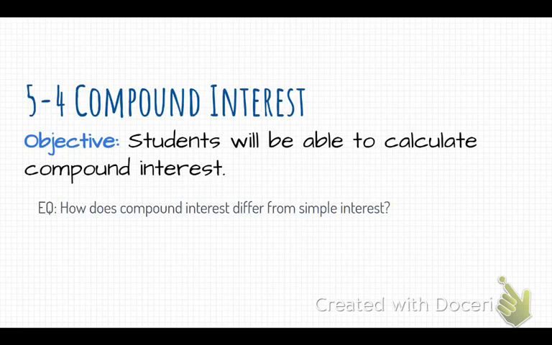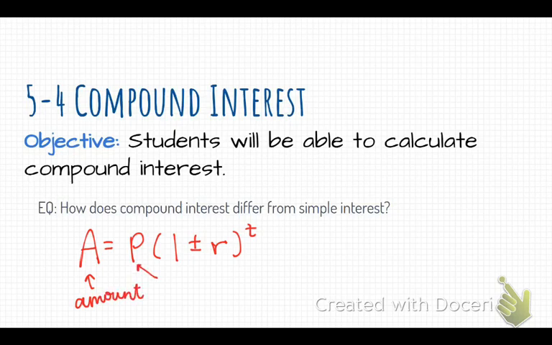I think that's it. So before we move on, I do want to remind you of our equation. It's written at the top of your paper. And we talked about this on Friday. So remember, A was our final amount. P is our principal. And what did principal mean again? The initial amount.